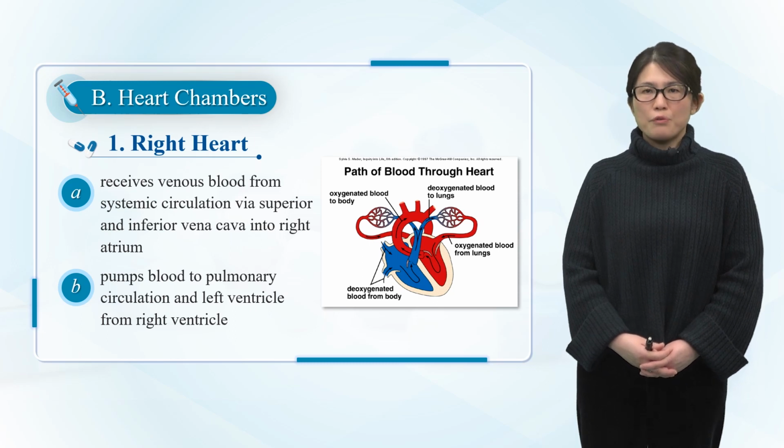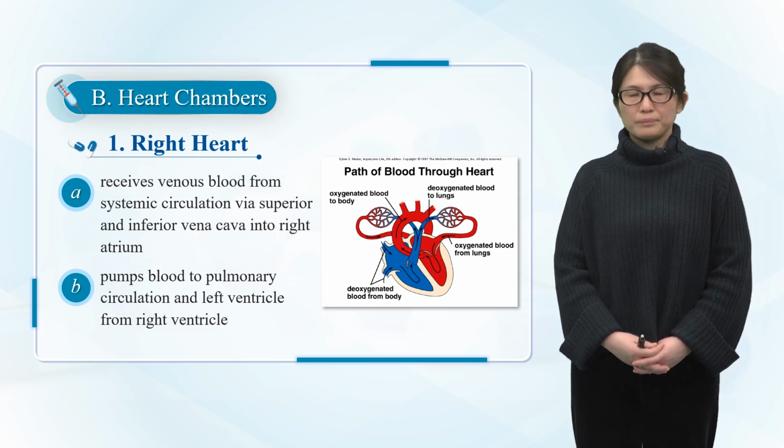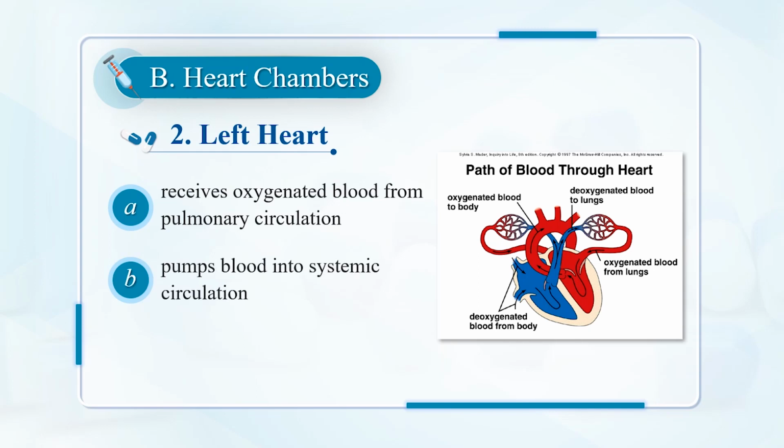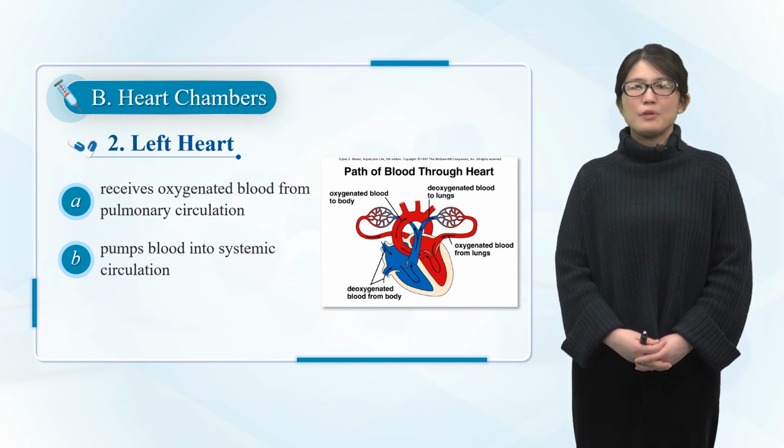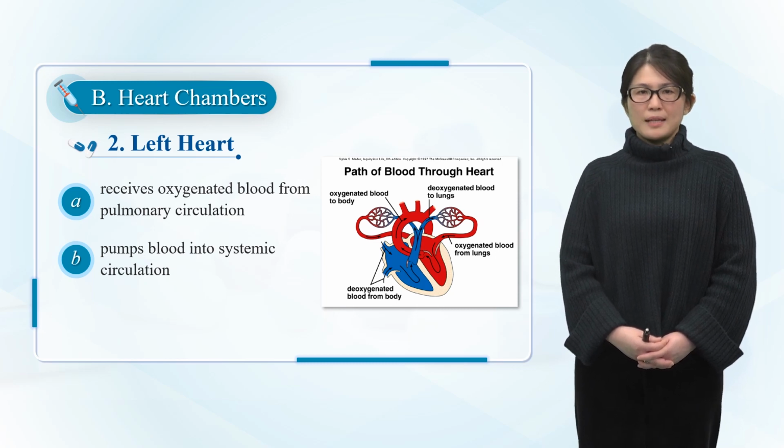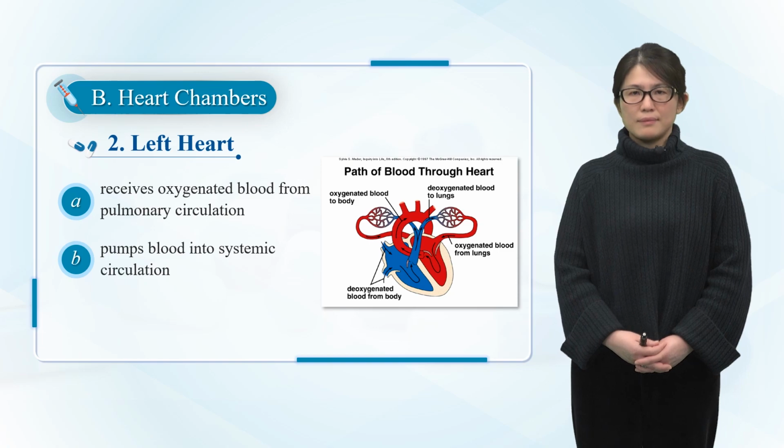The left half of the heart includes the left atrium, left ventricle, and oxygen-rich arterial blood, and receives oxygenated blood from the pulmonary circulation, also pumping blood into systemic circulation.